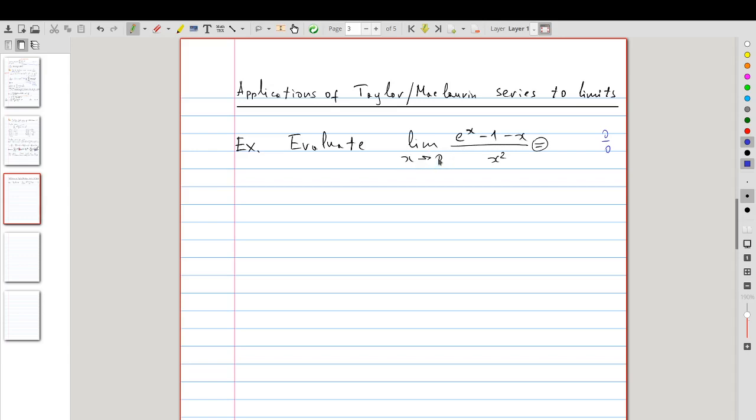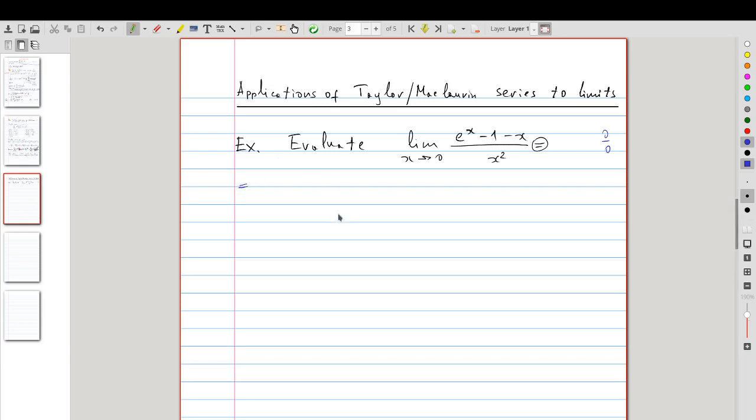So somehow it makes sense that if we want to evaluate a limit when x is close to 0, it is natural to apply the Maclaurin series, which gives a representation of e to the x when x is close to 0.